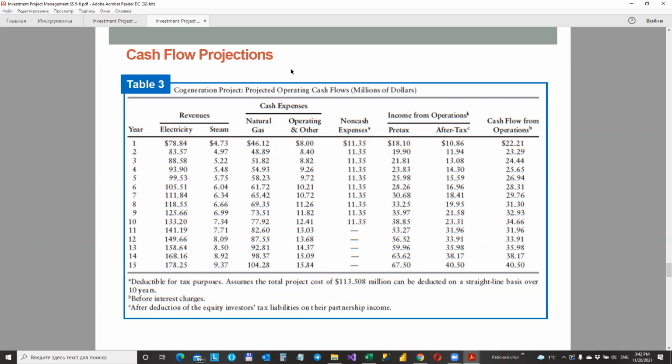Starting from the next lecture, we'll first finish this session regarding the financial model of the code generation project, and also we will try to review, and I will try to provide my feedback on, your homework.